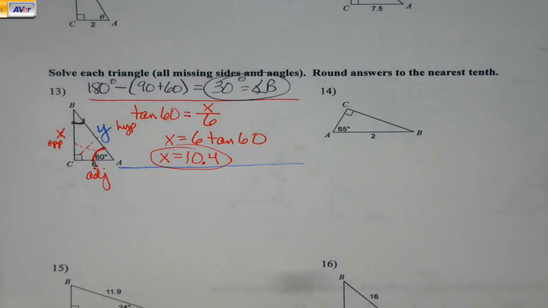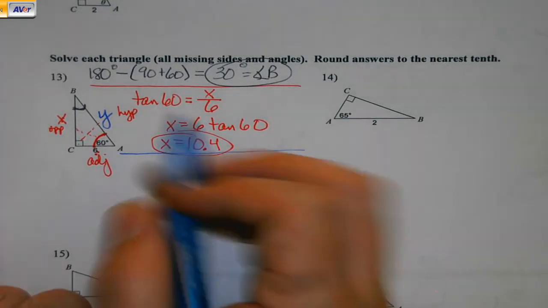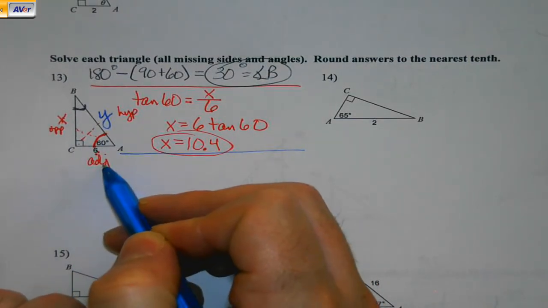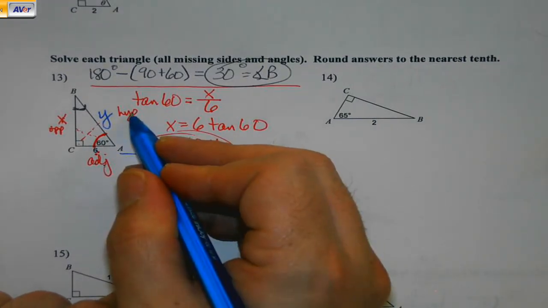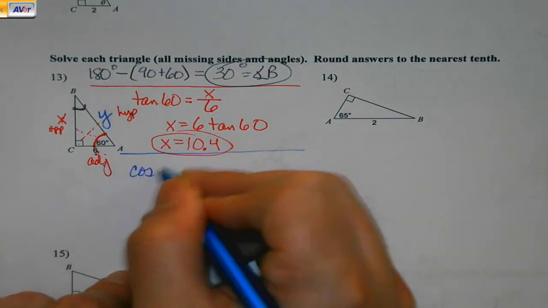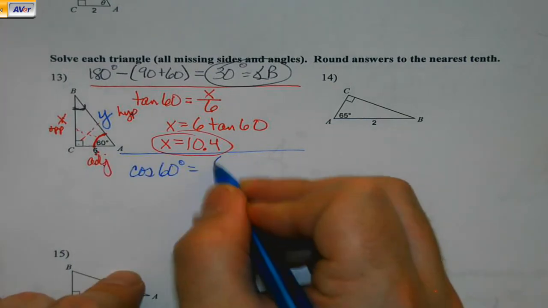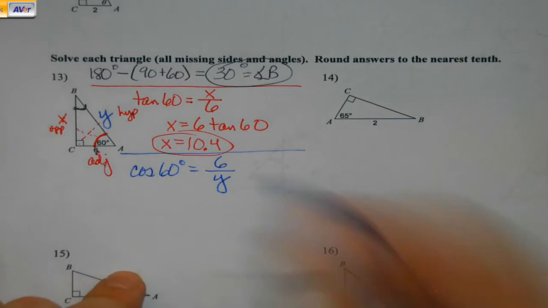And then I got one job left. Got to find y, because that's the other side that I'm missing. So I look to see what I got this time. Y is my hypotenuse, and I still have the adjacent. So let's see. Adjacent and hypotenuse is going to be cosine. So the cosine of 60 is adjacent over hypotenuse.